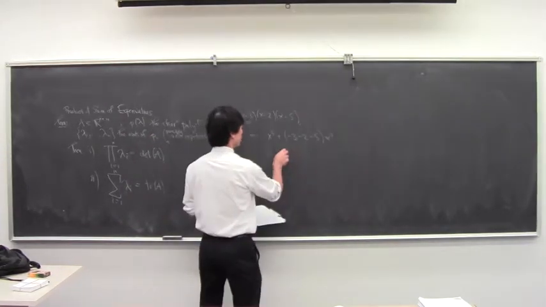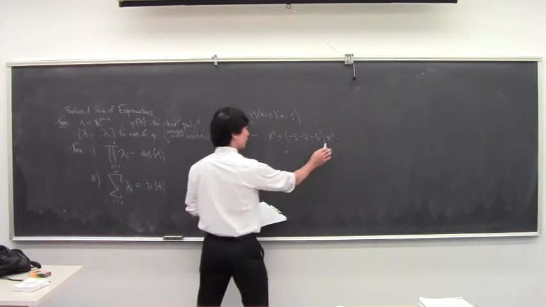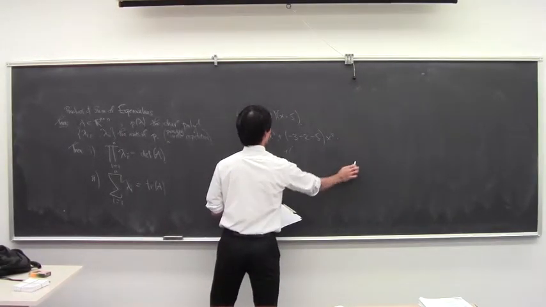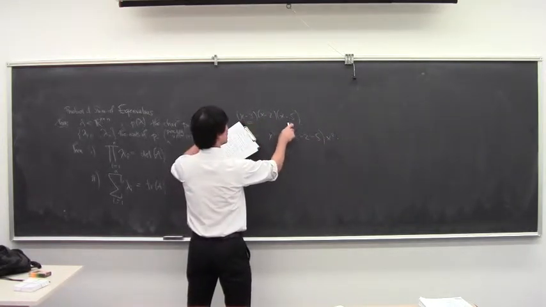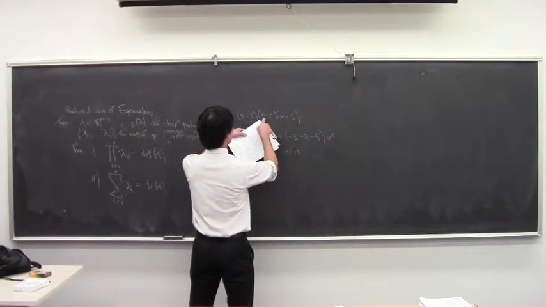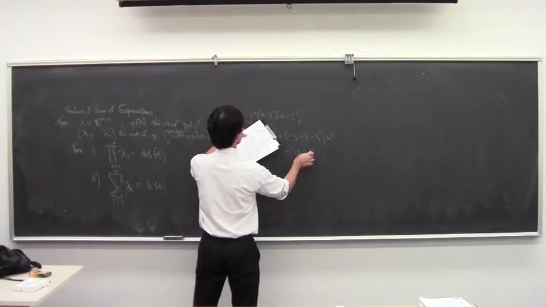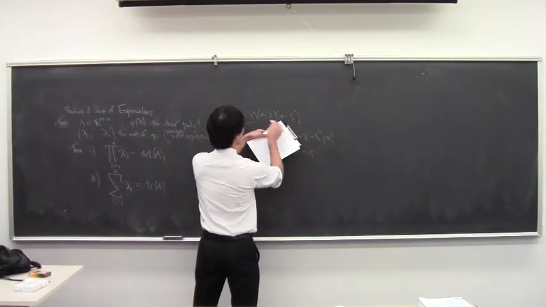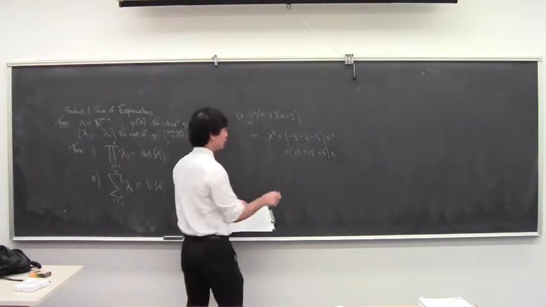How many x's can you get out of this? Well, you could have x times minus 2 times minus 5, so that would give me 10 x's. I could have this x times minus 3 and minus 5. That's 15 more x's. And this x times minus 3 and minus 2, that's 6 more.